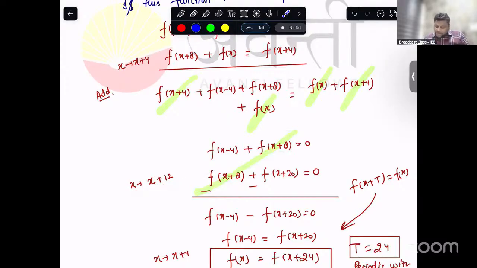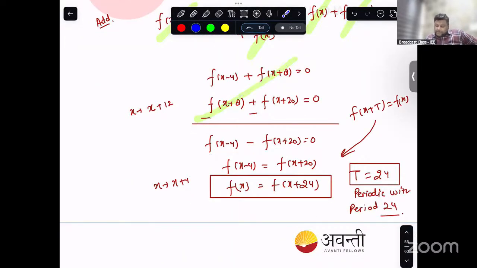So I replaced x by x plus 12. What do you get? f of x plus 8 plus f of x plus 20 equal to 0. Again, subtract them. So what do you get? f of x plus 4 minus f of x plus 20 equals 0. So you got f of x minus 4 equals f of x plus 20.